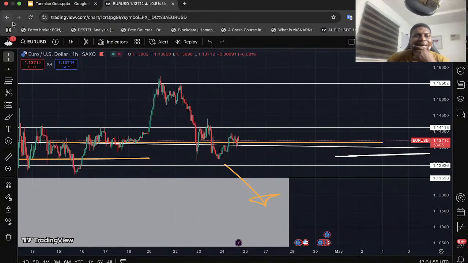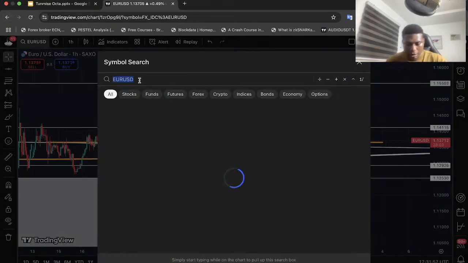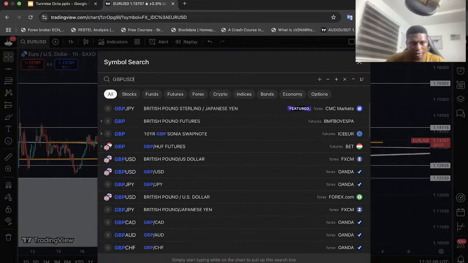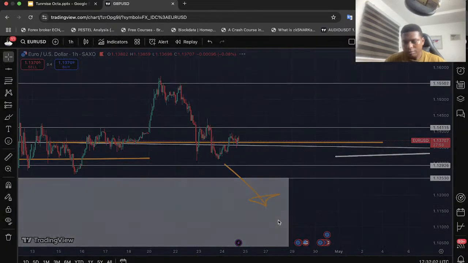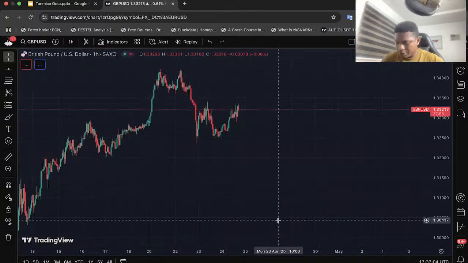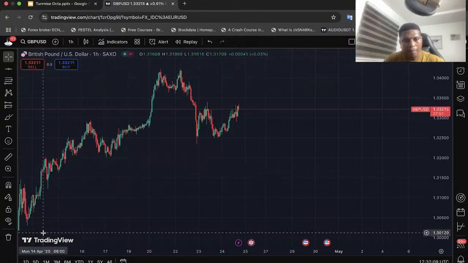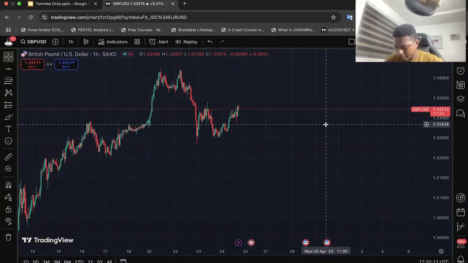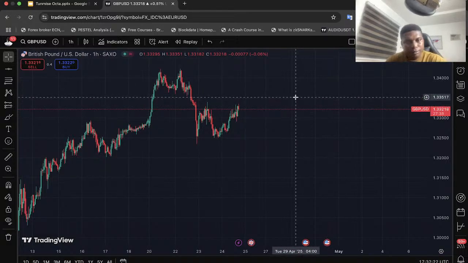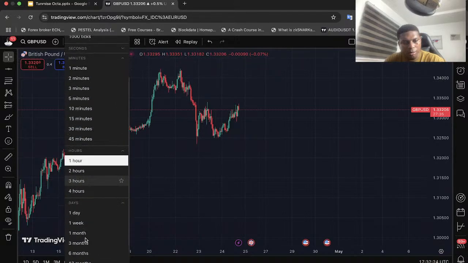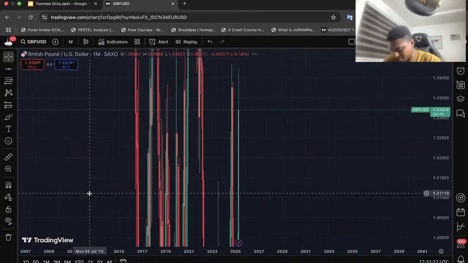So let's take a look at GBPUSD. Let's go to the monthly time frame.